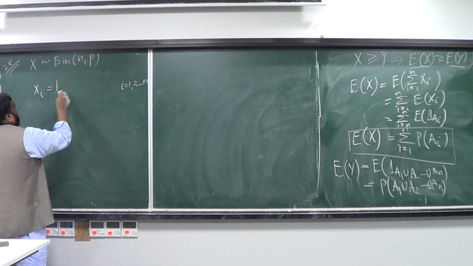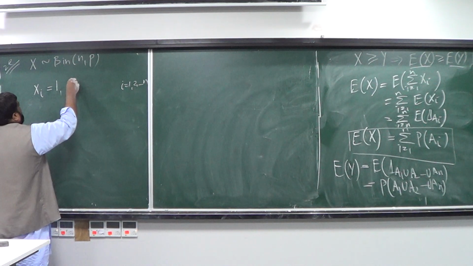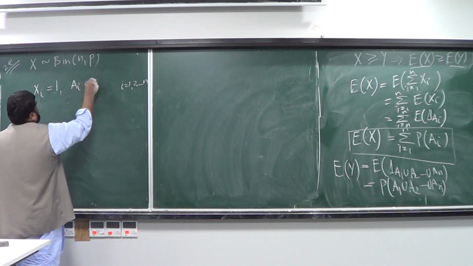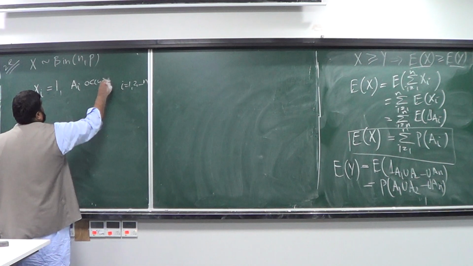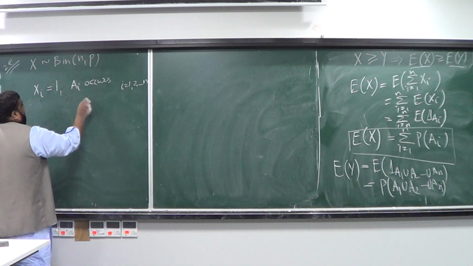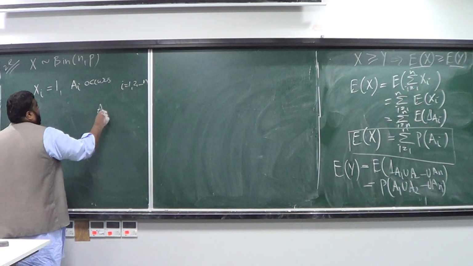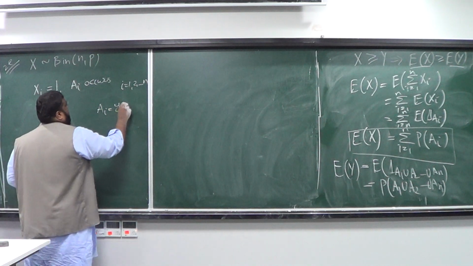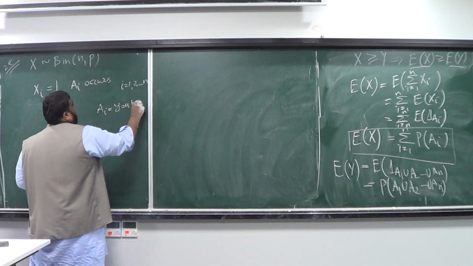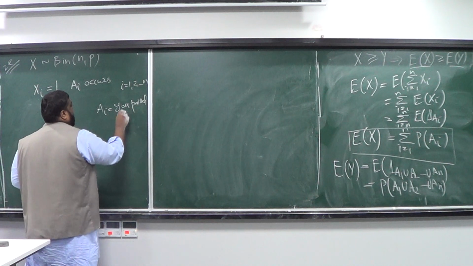Xi is going to be 1 if Ai occurs, and let's assume that Ai means you passed the ith exam.